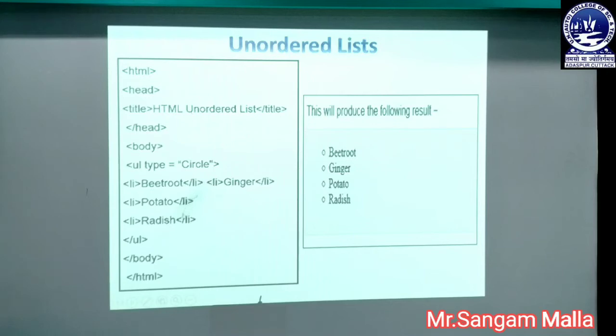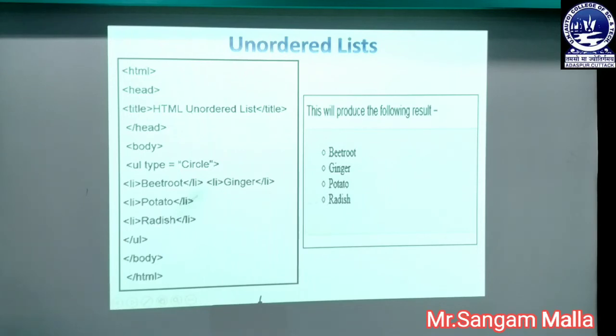All the list tags under the ul tag are represented on different lines because no br tag is required to move the cursor to the next line. Whenever it encounters a list tag, it will automatically put it on the next line. So here we have specified the circle value to the type attribute, and the circle has been displayed.